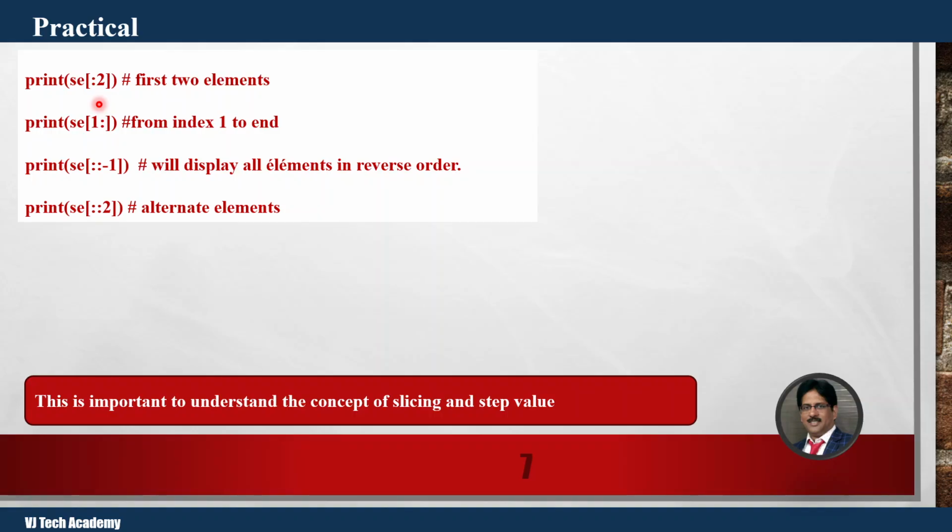From index 0 and 1, the elements will be accessed, the first two elements, and index 2 will be excluded in this case. 1: means from index 1 onward, all the elements will be printed. ::-1 means all elements will be displayed in reverse order. ::2 will print alternate elements. Let's try to understand the concept using Python practical.